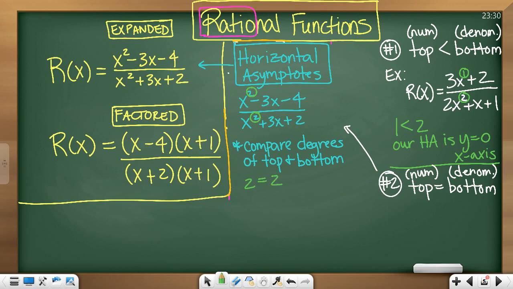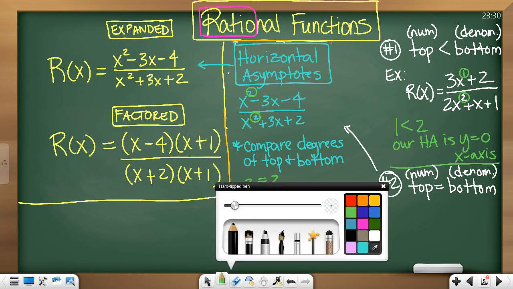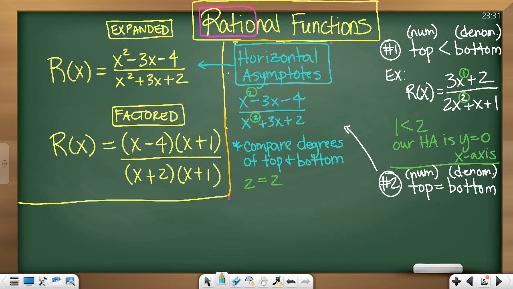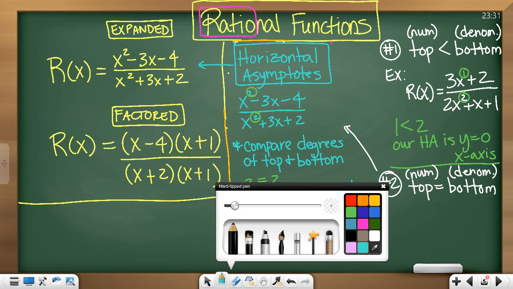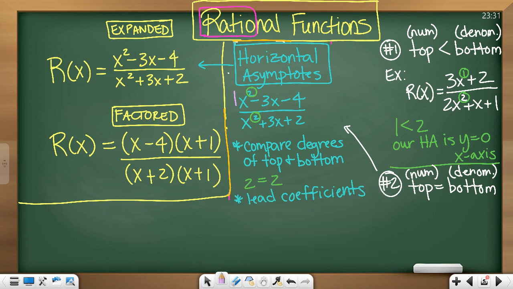When the degree of the top is equal to the degree of the bottom, you are going to use the lead coefficients. What I mean by using the lead coefficients is you look back up here and you look at the coefficients in front of your lead terms.